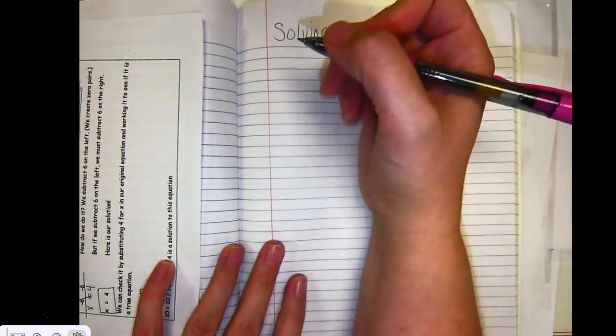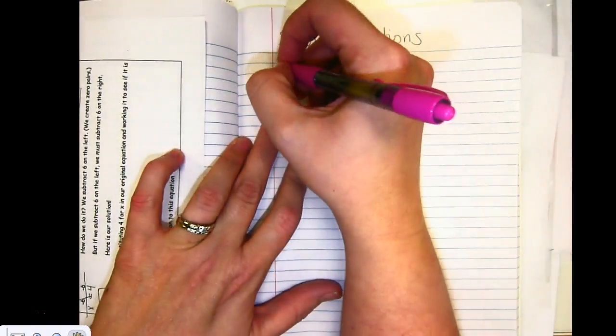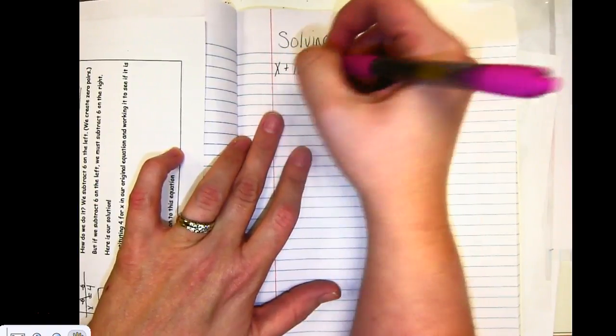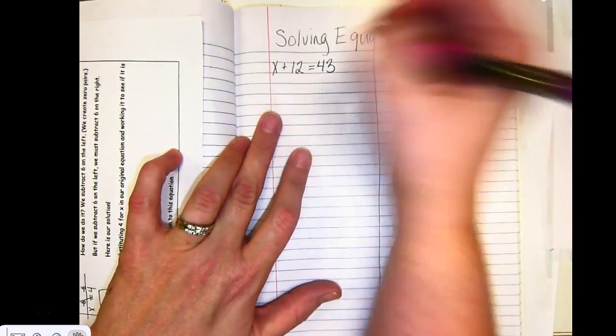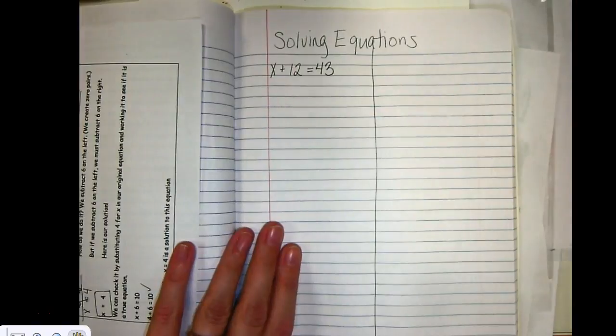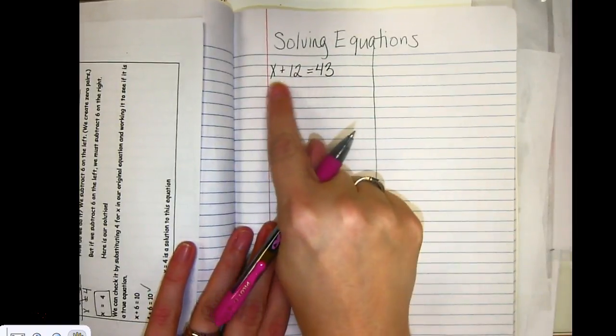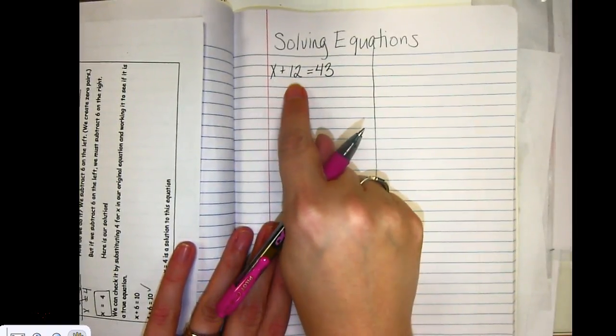Alright, so first, if we have x plus 12 equals 43. First thing I want you to ask yourself is, what do I need to do? I need to get the x alone. I need to isolate the variable. So if you look on the side with the variable, we've got to get rid of that plus 12.